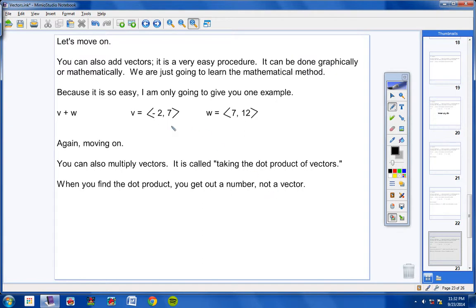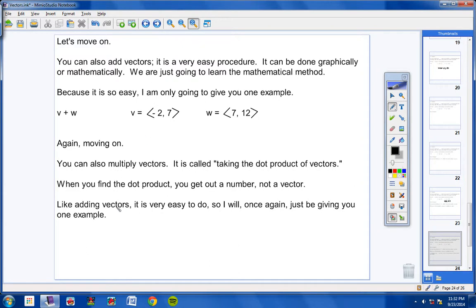Now remember, a second ago we added two vectors. And when we added two vectors, we got out another vector. We got (5, 19), correct? That's not the case when you're multiplying vectors. When you're multiplying vectors, you get out a number, not a vector. Let me show you real quick.